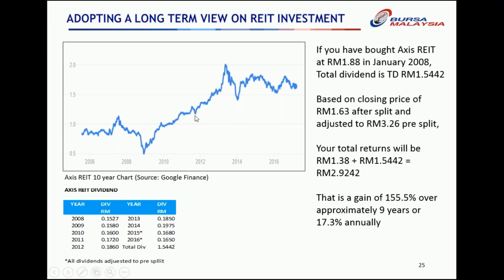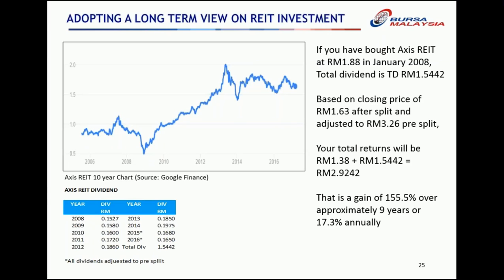The whole chart is adjusted after the split, but based on 50 cents here, it's actually RM1. Now, can you imagine your yield, giving 15.8 cents over a price of RM1? That by itself is 15.8% in terms of yield.